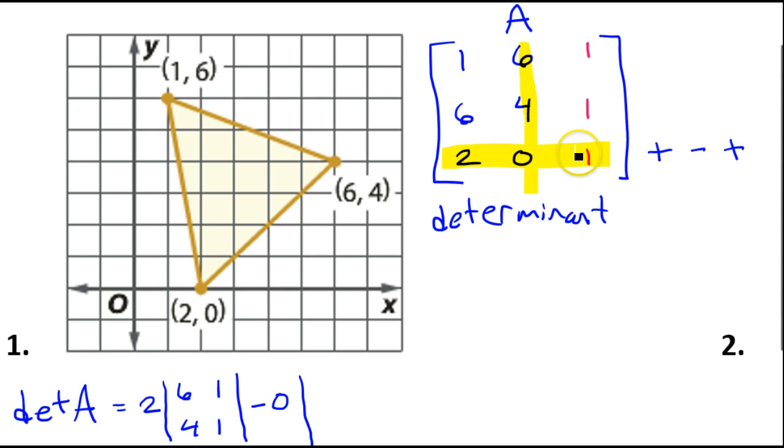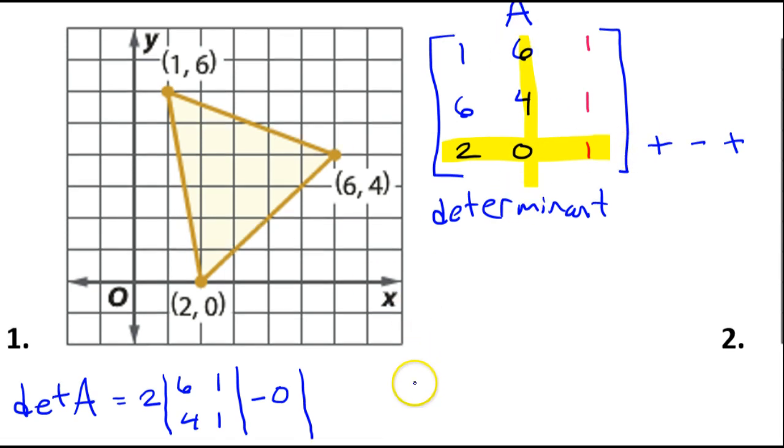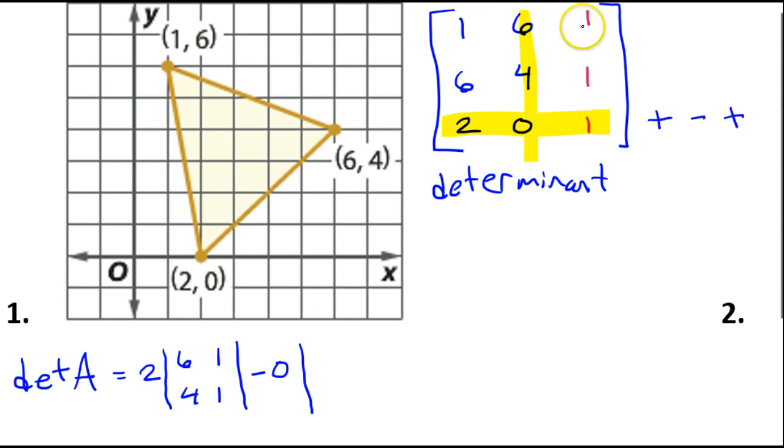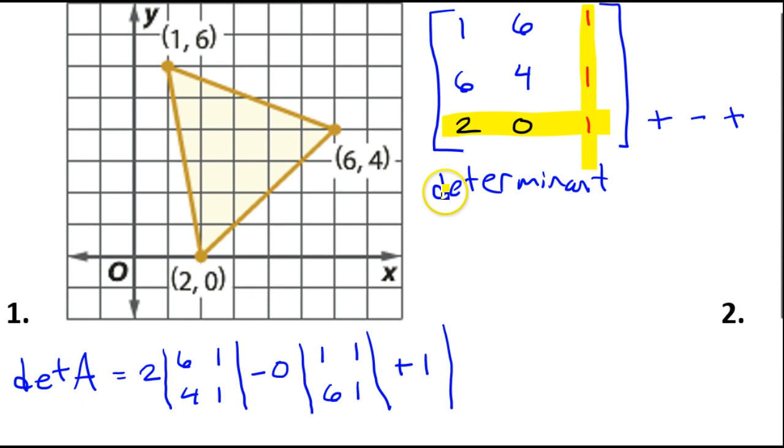I have the same row, and now I'm going to cancel out this column. That creates the minor of 1, 1, 6, 1. That's my minor. Now it's time for the third and final cofactor, and I will not change the sign. So I will say plus cofactor 1 times, and then now I need the minor.